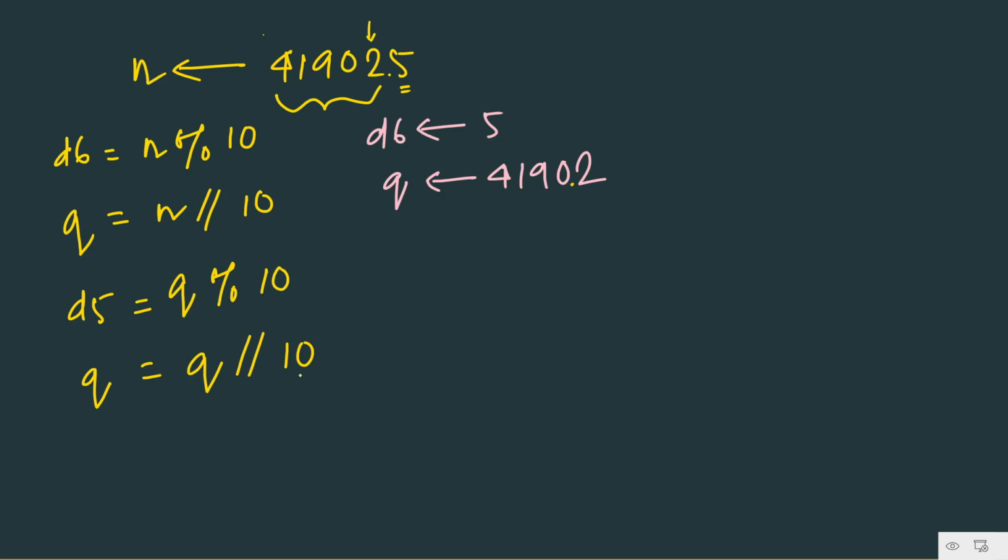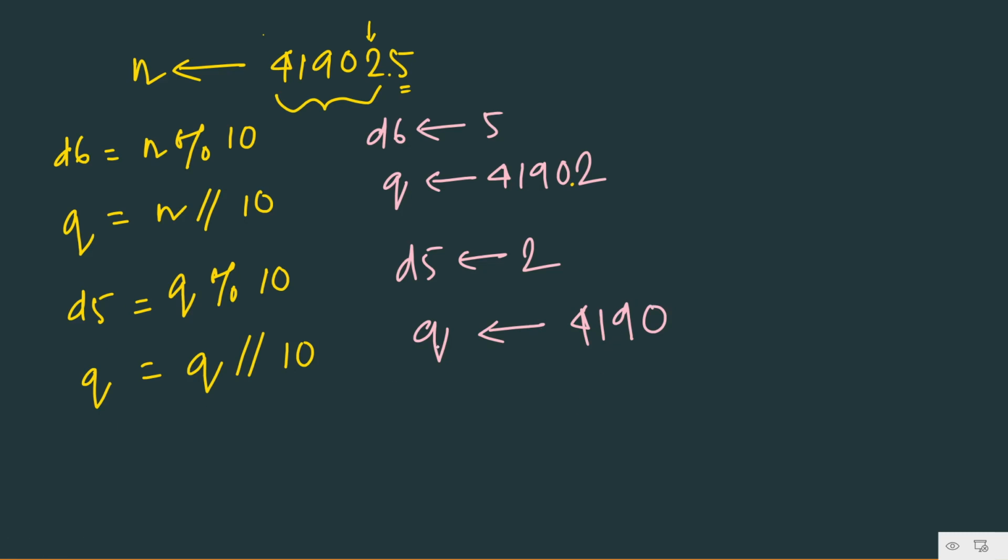The old value of q was 4190, D5 would be 2, and the new value of q would be 4190 divided by 10. And you keep going.